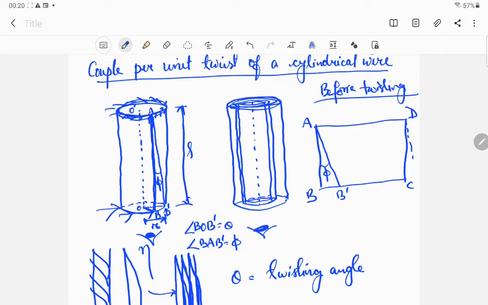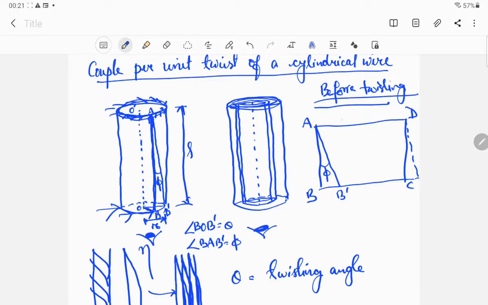So obviously that will also get shifted. Before twisting, AB was exactly parallel to O dash, but after twisting, B gets shifted to B dash, so the new line becomes AB dash. If you consider this to be a hollow cylinder and cut it open along AB, before twisting it is a perfect rectangle.